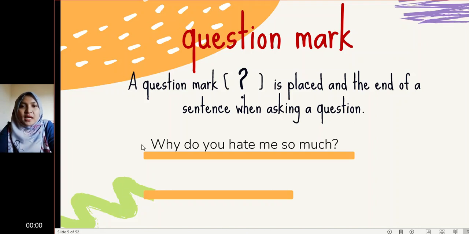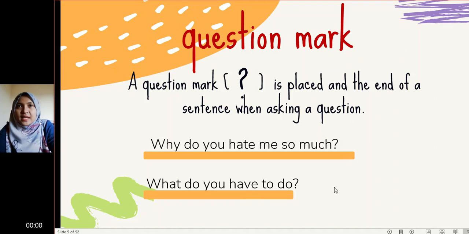The word why here is a question word. What are other words for asking questions? They are why, where, when, how, what. These are words that we use to ask questions.